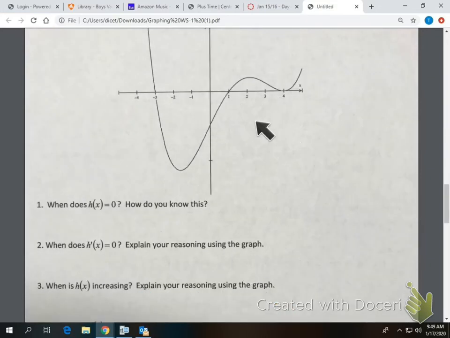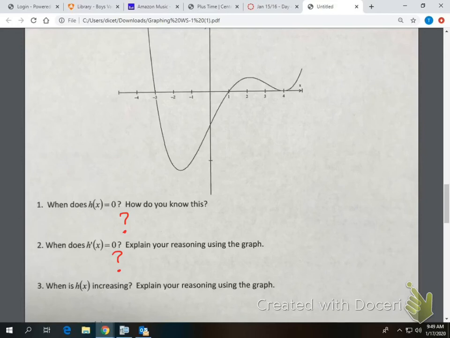So new graph. This is the second derivative. When does h of x equal 0? You can't answer it. You don't know. So let's see if you can put 2 and 2 together. Number 2, when does h prime of x equal 0? I don't know. 3.